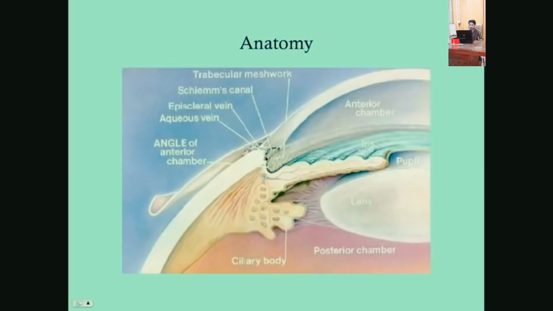So if you look at the anterior chamber a little bit more closely, you have Schlemm's canal and the angle of the anterior chamber. Those are clinically of paramount importance, because if these were to become blocked, as they do in acute angle closure glaucoma, or as they could in anterior uveitis, you will not be able to drain aqueous. And if you're producing aqueous, well, you have to have a way of draining it too.